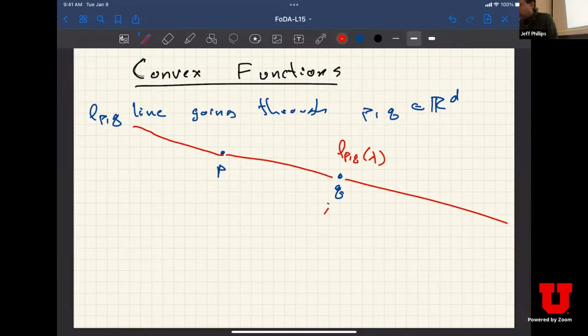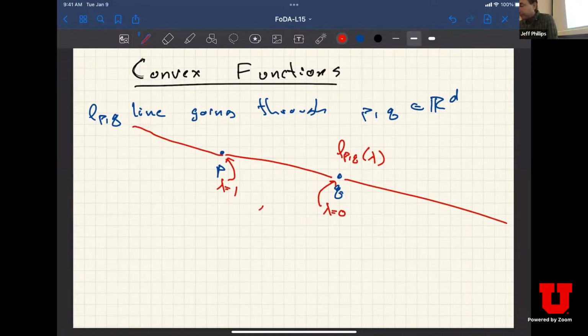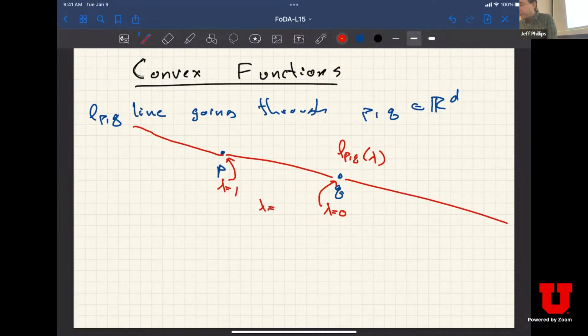For lambda equal to 0, I want it to be at exactly Q. For lambda equal to 1, I want it to be at exactly P. And for lambda somewhere in between 0 and 1, let's say 0.4, I want it to be somewhere in between P and Q, on the line segment between P and Q. There's a convenient way to define this parameterization.